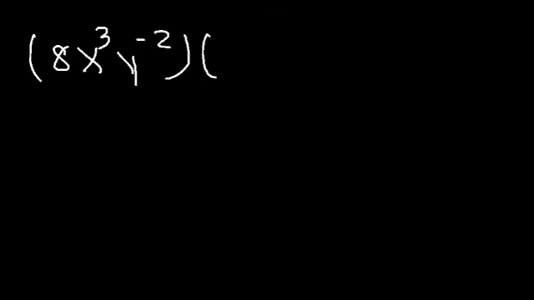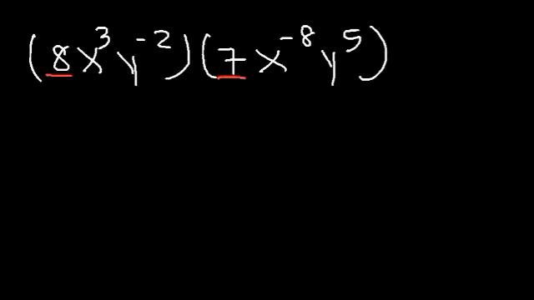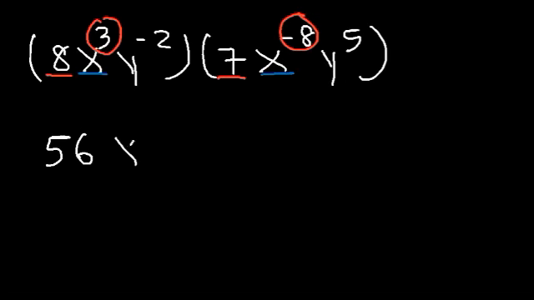Try this example. What is 8x cubed y to the negative 2 multiplied by 7 x to the negative 8 y to the 5th? So first we need to multiply 8 and 7. 8 times 7 is 56. X to the 3rd times x to the negative 8. 3 plus negative 8 is negative 5, so it's x to the negative 5.